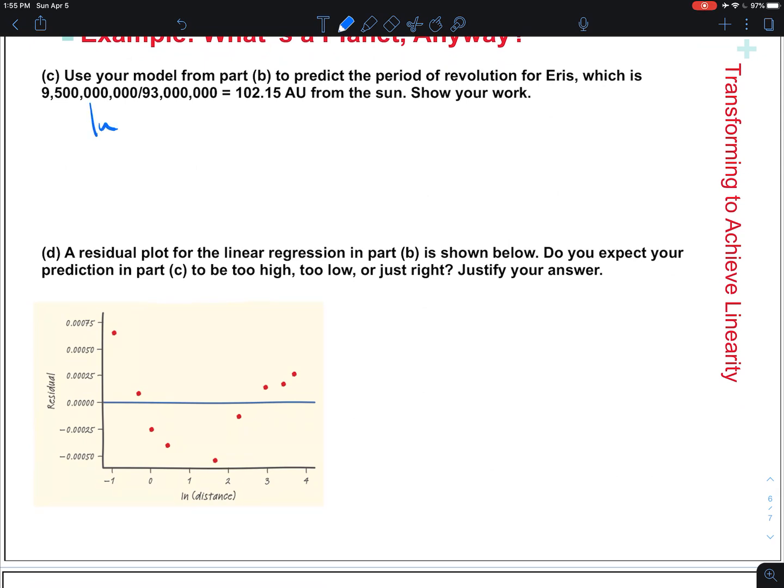All right, let's take a look at using this model here. So natural log period hat equals 0.0002544 plus 1.49986, and we're plugging in that number of AUs, 102.15.